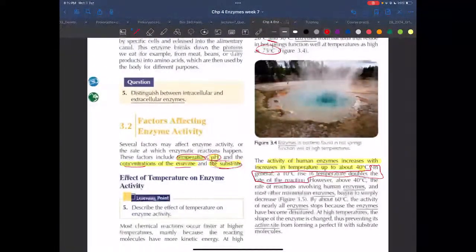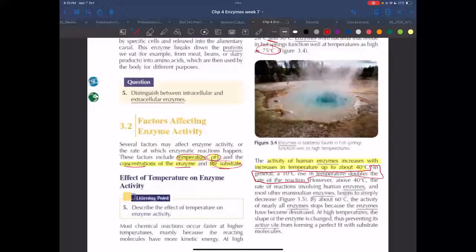I'm 99% sure it's also mentioned in the quiz because it always comes. So in general, a 10 degrees Celsius rise in temperature doubles the rate of a reaction. You have to memorize it. So usually, if I increase the temperature by 10 degrees Celsius, I expect my reaction rate to double. You must know this. That's what you have to know for this.